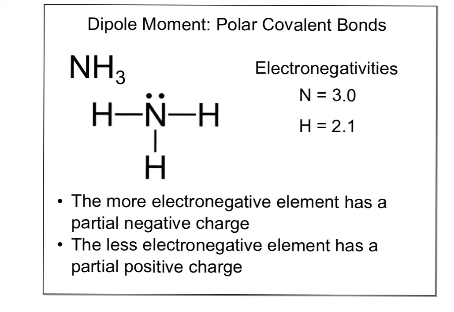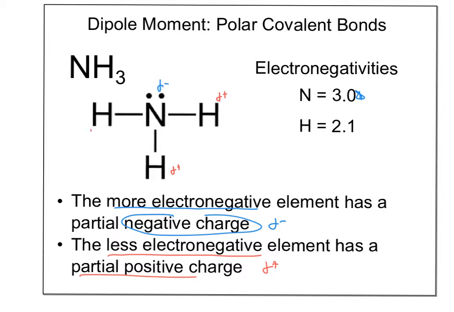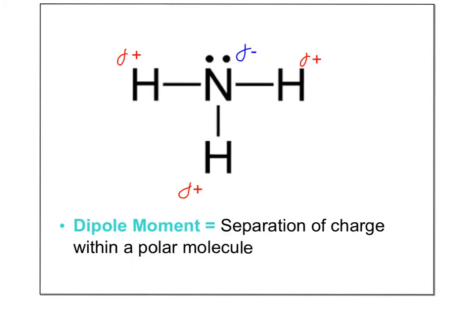How do I decide who's hogging the electrons the most? I look at the electronegativities. The more electronegative atom is hogging the electrons, so it gets a partial negative charge. I'll put that right here. The element with the lower electronegativity gets a partial positive, because those electrons are not spending a lot of time over here, so these are partially positive.